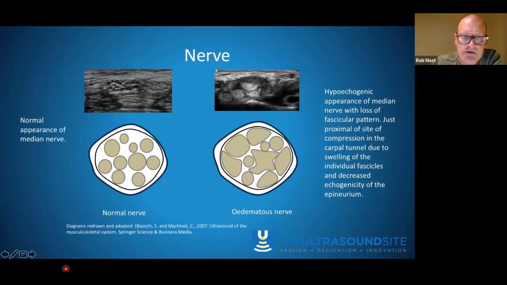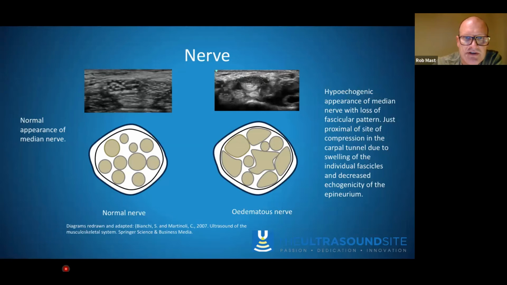As you can see in the image above, you can see them so nice and dark, but in between those dark fascicles you have the connective tissue, and the connective tissue is showing quite bright. So a normal nerve would show very bright for the connective tissue and almost black for the fascicles.